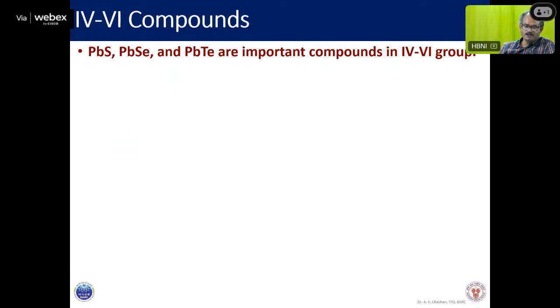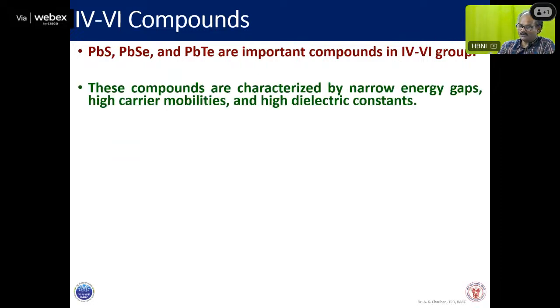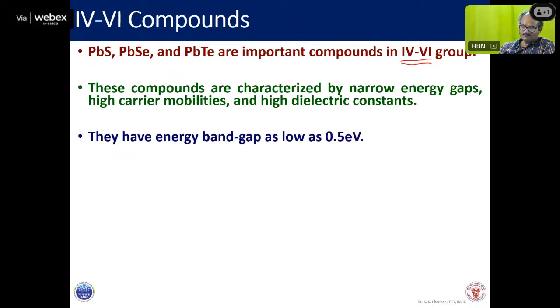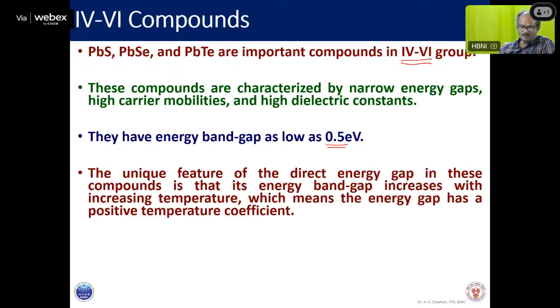Next are the 4-6 compounds, and lead sulfide, lead selenide, and lead telluride are important compounds in this group. These compounds are characterized by narrow energy gap, high carrier mobilities, and high dielectric constants. The band gap of these semiconductors is very low, nearly 0.5 eV.